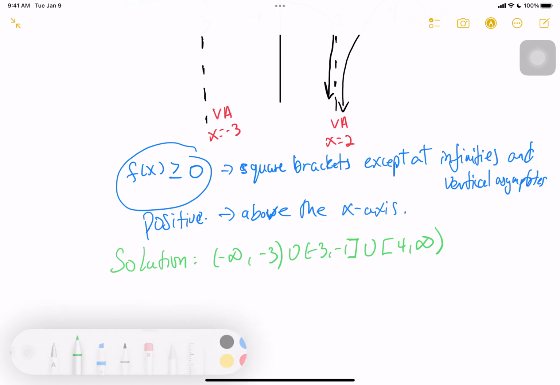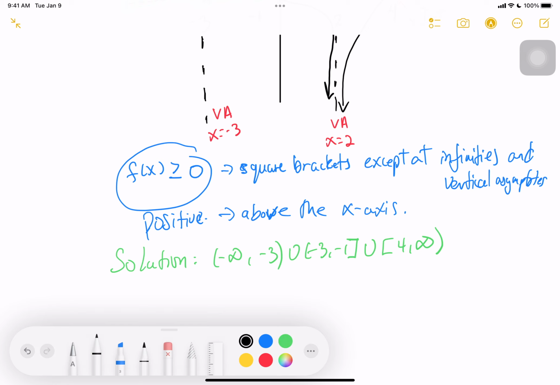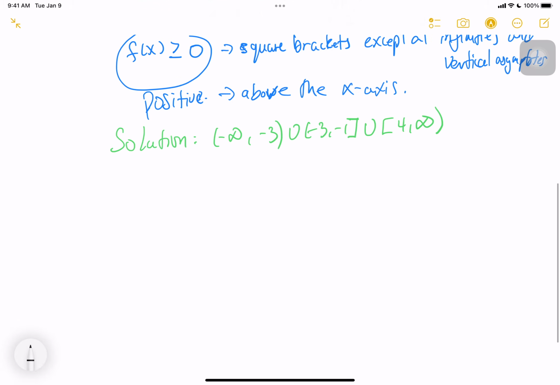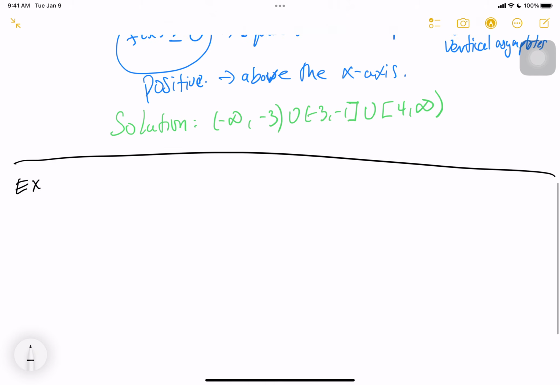Okay, let's try one where we are given an equation instead of the graph, and we have to solve the inequality. So, let's say I have x squared multiplied by x plus 1 divided by x minus 2 times x plus 5.